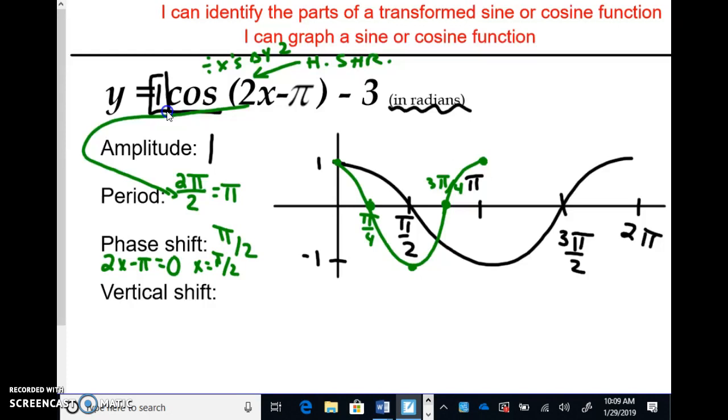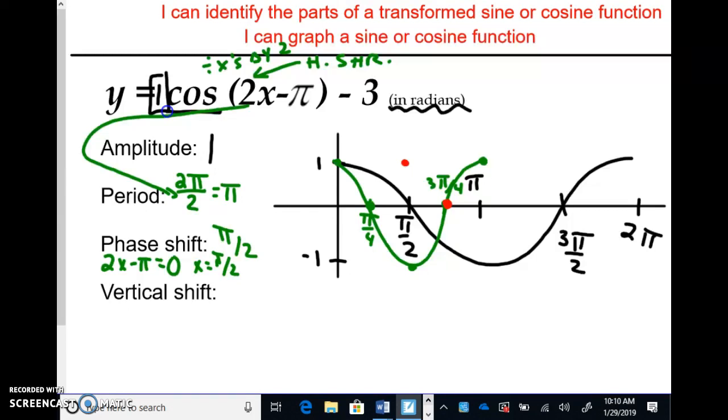So take the point, the starting point, which is at 0, move it to the right, pi over 2 units. It's now at pi over 2. Take pi over 4 and move it to the right. So 45 plus 90 is 135, which is the same as 3 pi over 4.